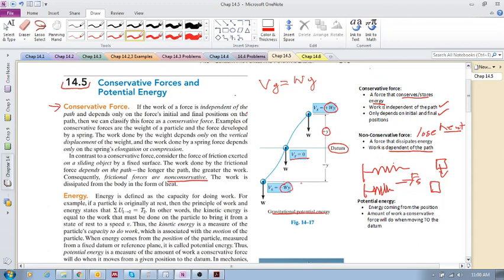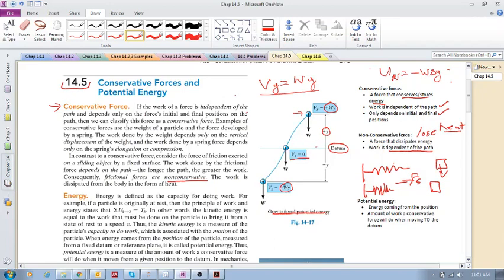So, whereas the work of a weight looked at the change in y, how much work did the weight do as it moved from one point to the other, what we're looking at here looks very similar, but it is simply not the change in potential energy yet. We're just looking at the potential energy at a certain point. What is the potential energy there?